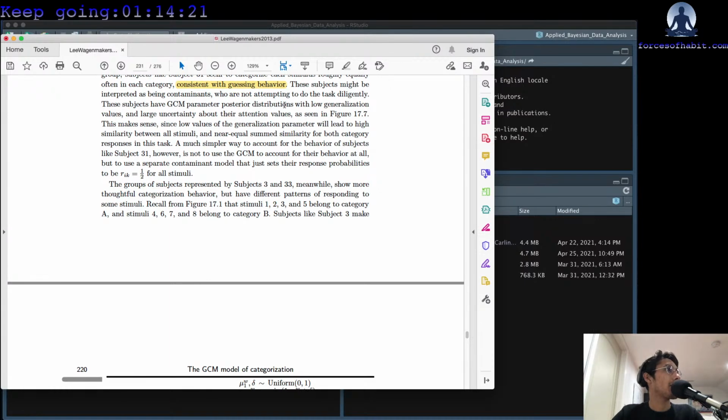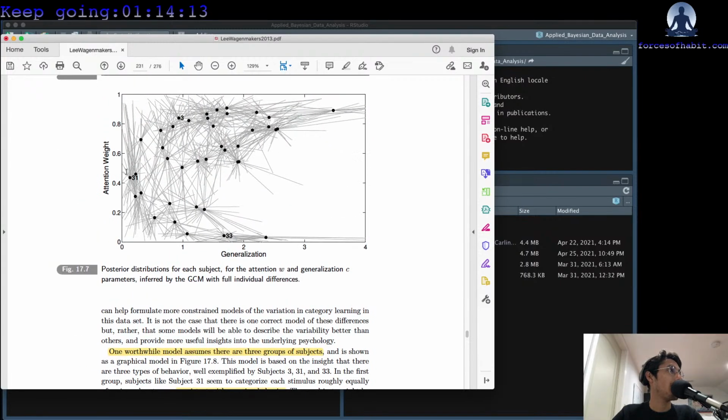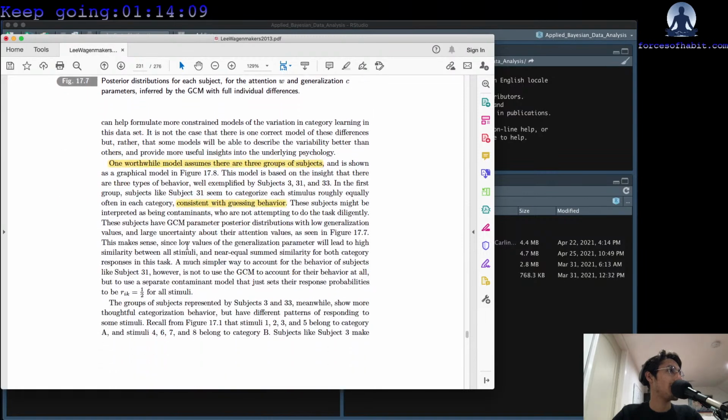These subjects have posterior distributions with low generalization values and large uncertainty about their attentional values. You see there, they're all over the place. We don't know what they want.